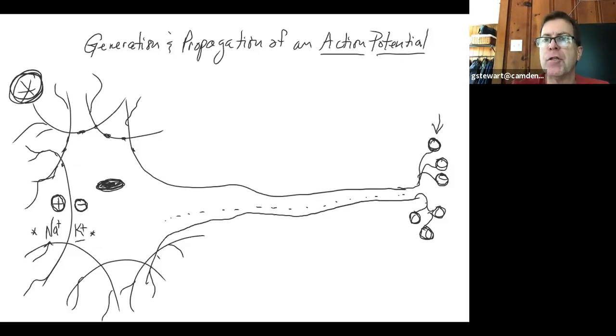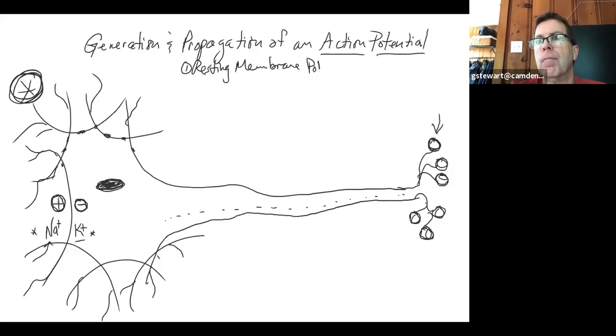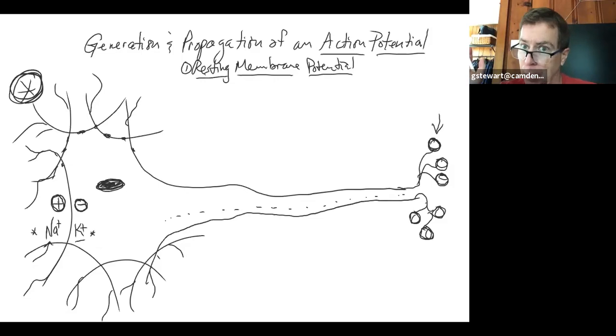Now, step one is just called resting membrane potential. We've established that. And it's the sodium-potassium pump that sets up that gradient and that charge distribution. It's a polar environment.